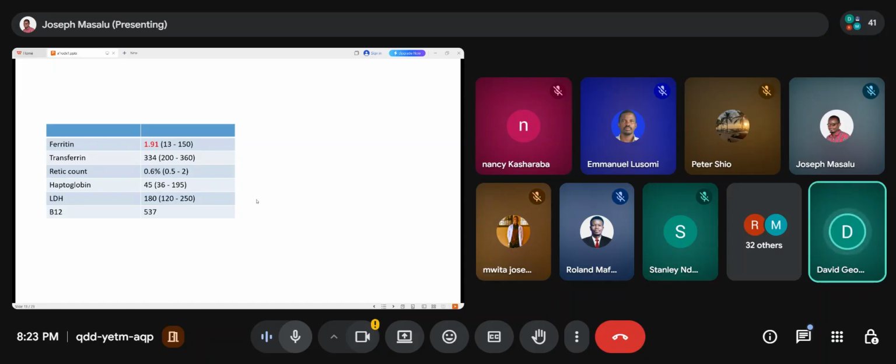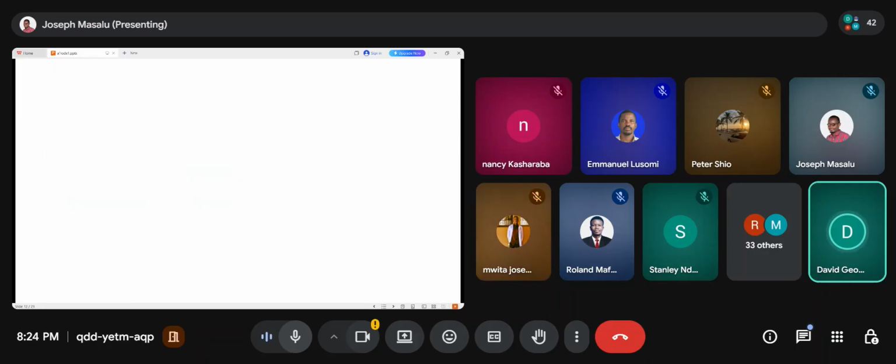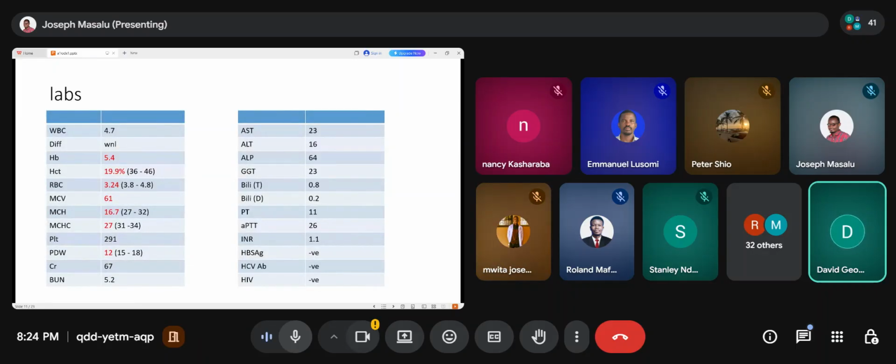Can I see the normal range, or I'll just take an average? Can I see the CBC, Joseph? I'm trying to make some calculations here. Okay, we do not have the normal range for the hemoglobin for this lab, but in terms of percentage, the reticulocyte count that we see there is low for the degree of anemia.